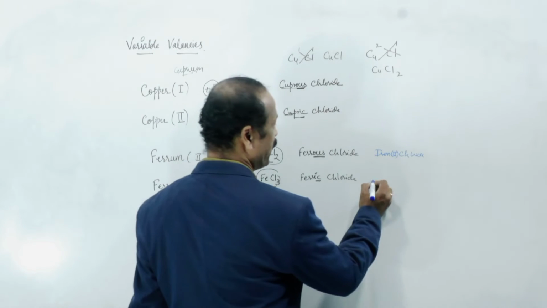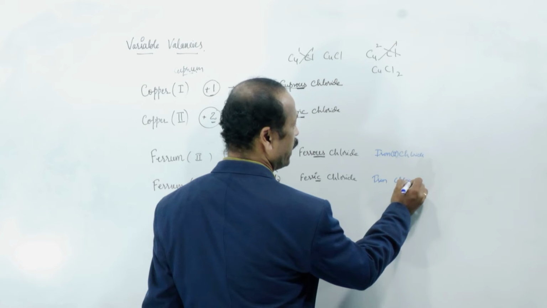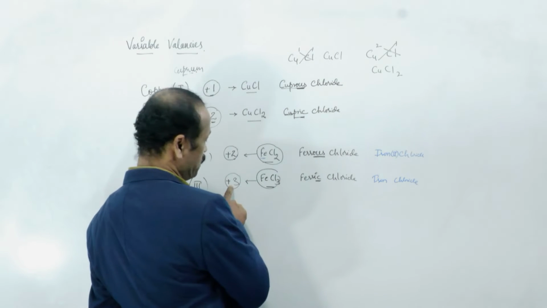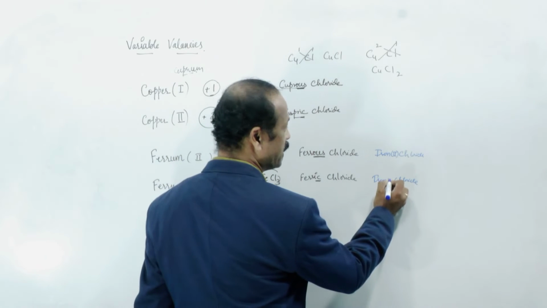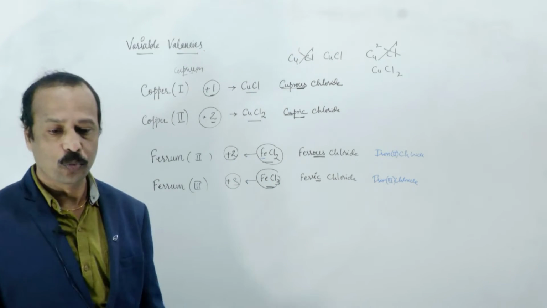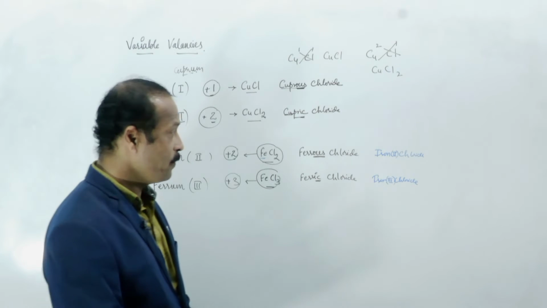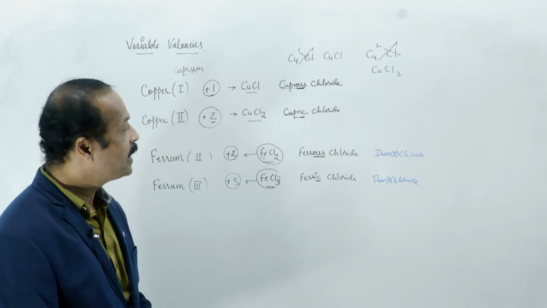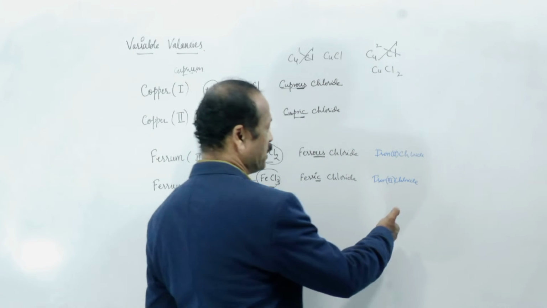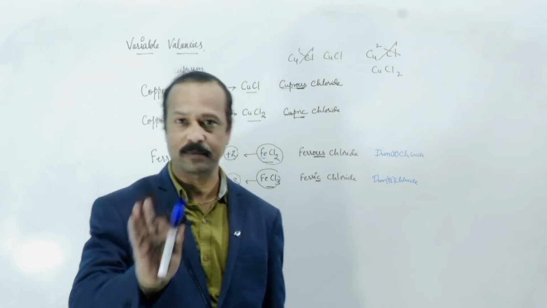So, if it is ferric chloride, you can call it iron chloride, but it is exhibiting +3 valency, so beside the iron write Roman number 3. So the person who is reading can understand that here iron is exhibiting the valency of +2, and here iron is exhibiting the valency of +3.